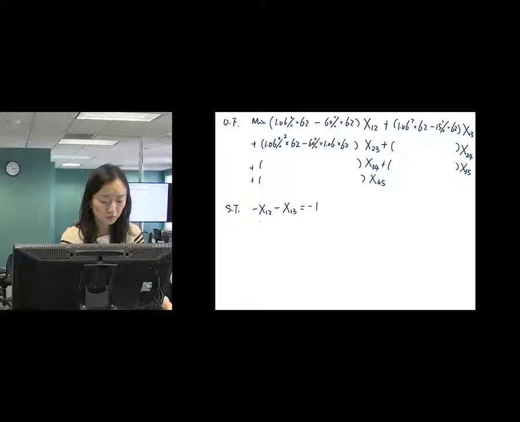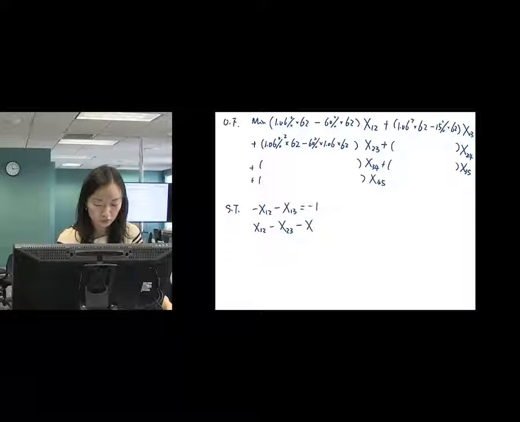Then for node 2, inflow minus outflow: it can go to 2,3 and can go to 2,4. All of these middle transshipment nodes have a demand of 0.